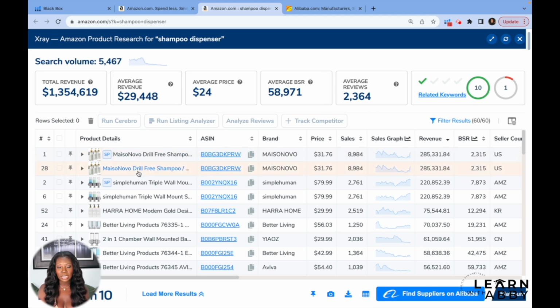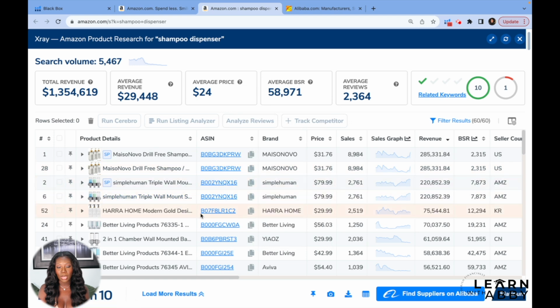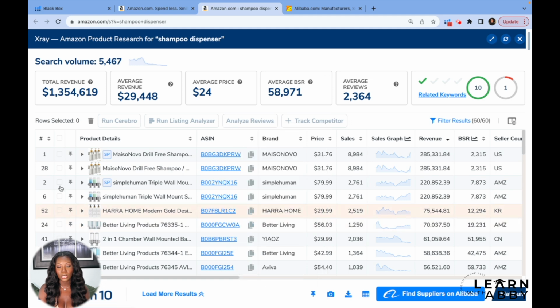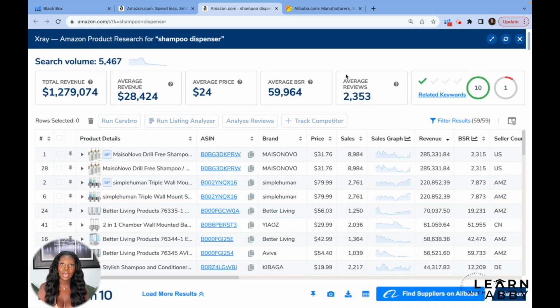So with that being said, we are getting results for shampoo dispensers that go onto the wall, or that can be mounted onto the wall. So the ones that are not wall mounted, those ones can be removed from the results. So that one, for example, we can remove it and it brings down the average reviews. So that is something that I always do when I'm looking at my data.